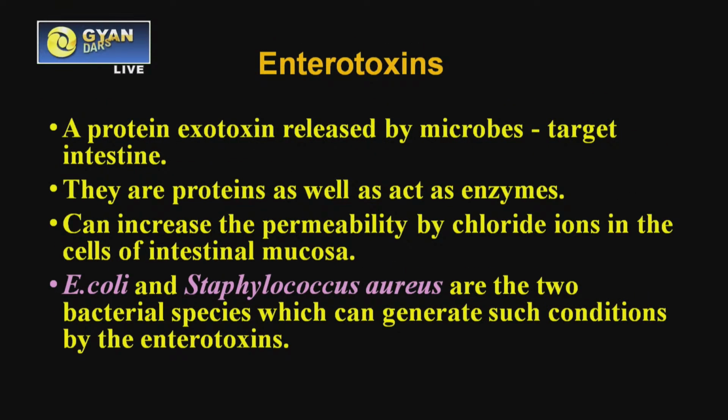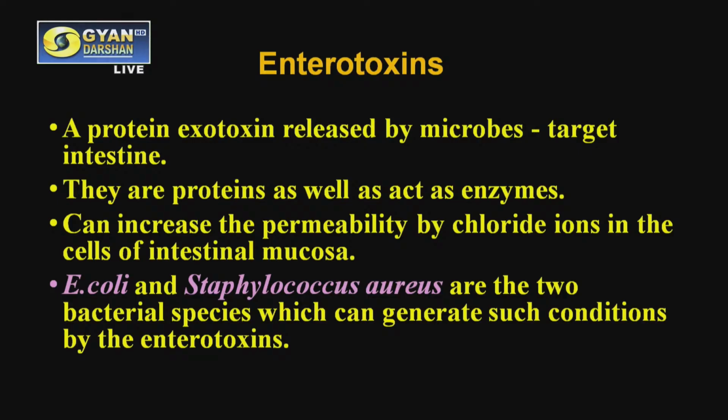Then we find the enterotoxins. This is a protein, an exotoxin released by microbes, and this normally targets the gastrointestinal system, mainly the intestine. They are proteins, and they also act as enzymes. They can increase the permeability of chloride ions in the cells of the intestinal mucosa. That is why people will complain of intestinal cramps and loss of appetite, not being able to eat properly, and so on.